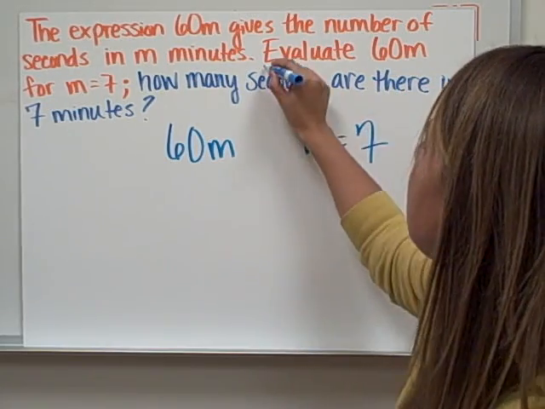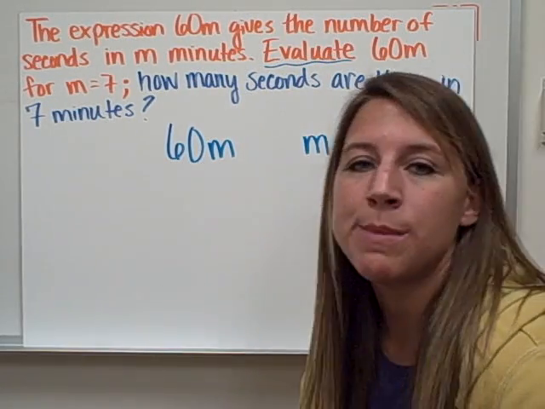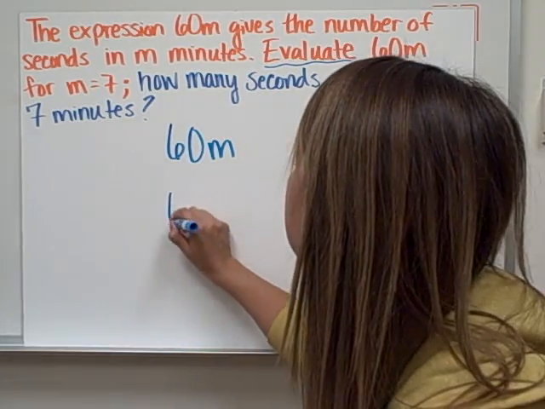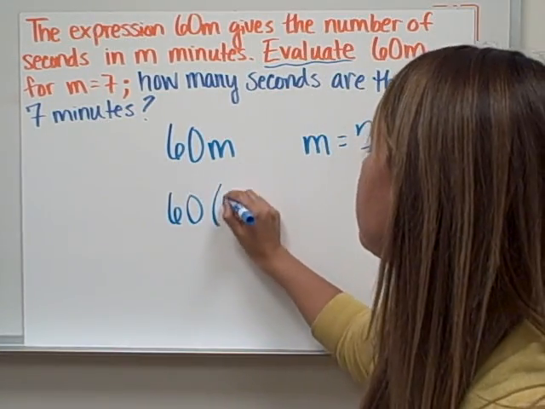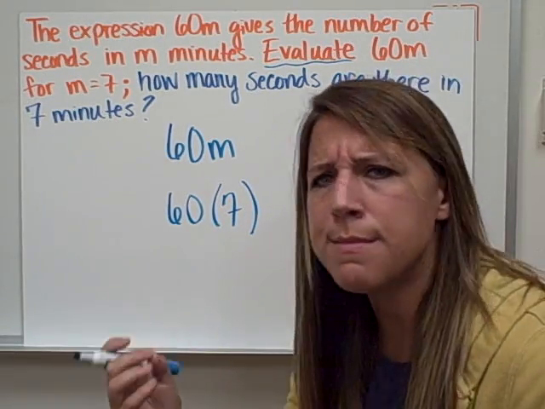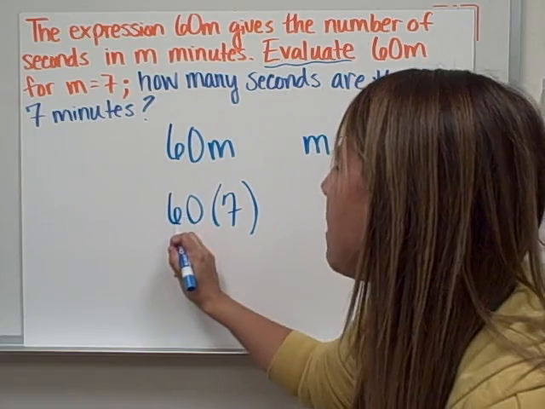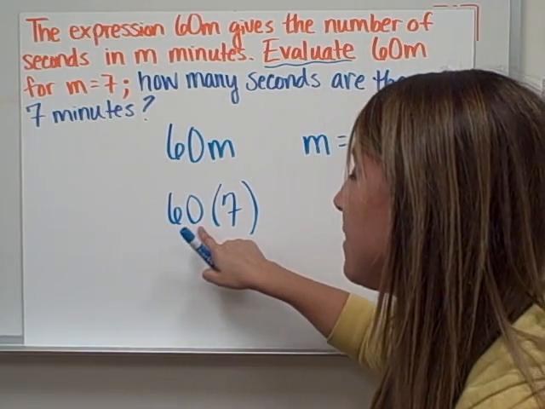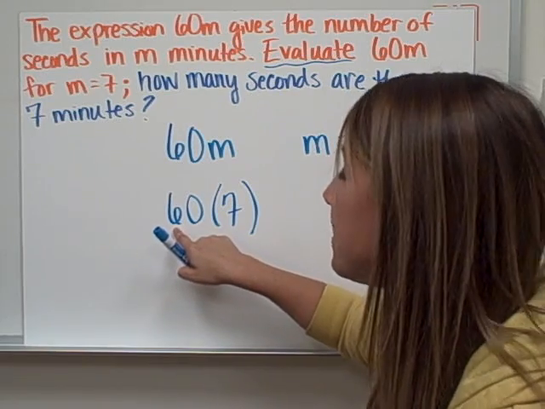And it says evaluate, which tells me I need to substitute and then complete the operations. 60 times 7. I can come over here and do it, or I can use maybe some mental math. I know 6 times 7 is 42, and I know that this is 6 tens.